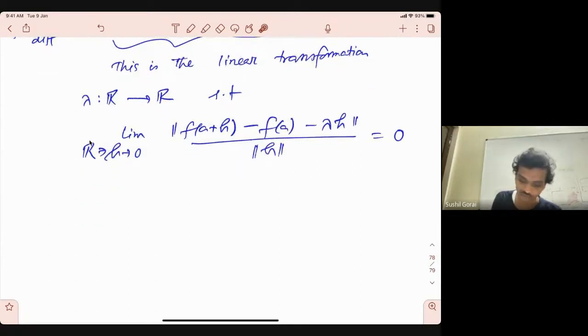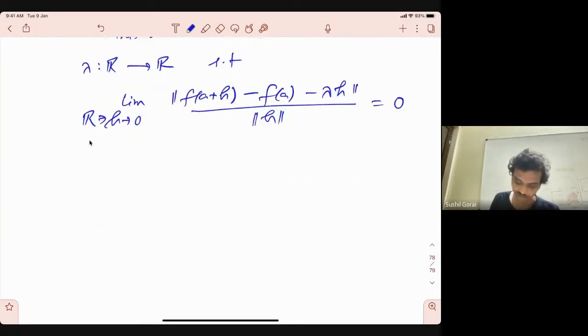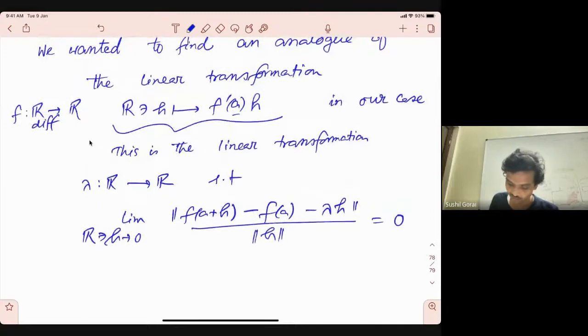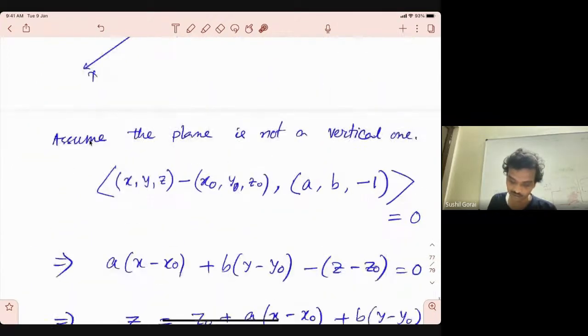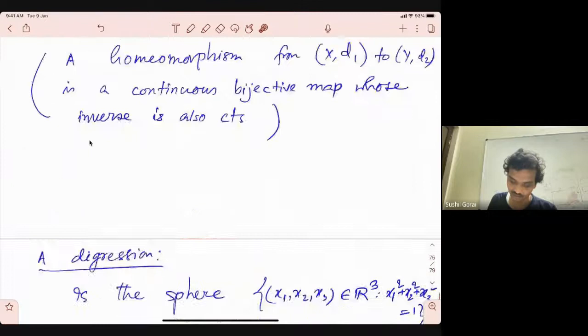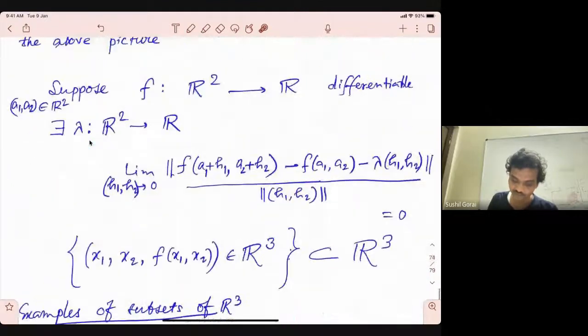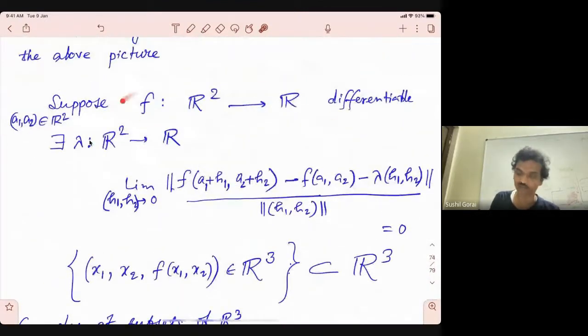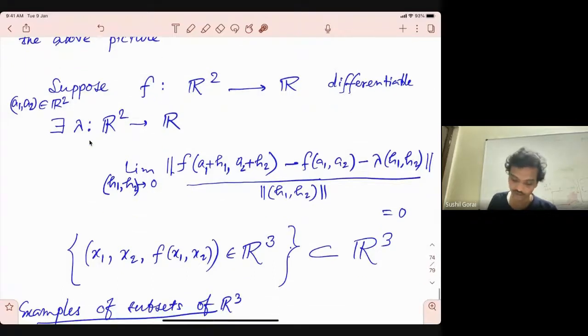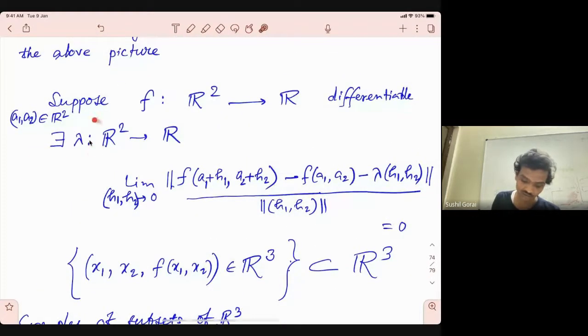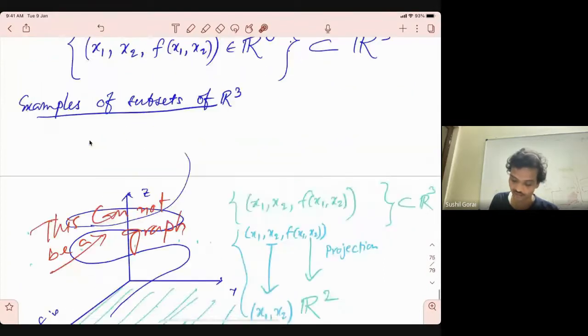Yeah. Now we want to find the analog. We want to find the linear transformation analogous to this one in our case. In our case means we have considered a function f from R to R. And you want to find the relation. So what does this lambda have to do with this tangent space?